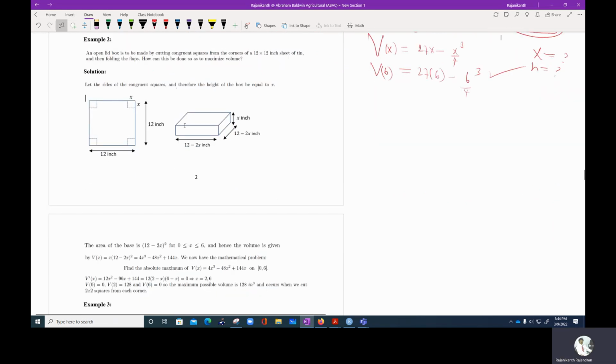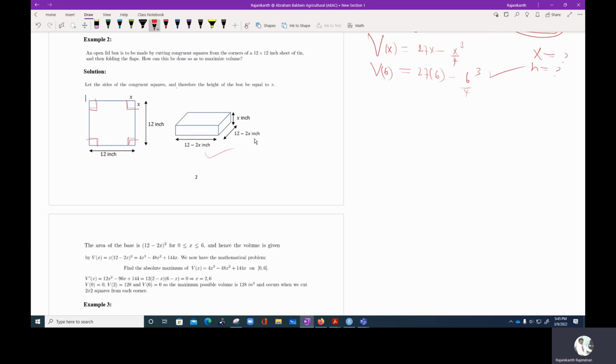Good. Now the second problem is also pretty much similar. The second problem is: there's an open lid box to be made by cutting congruent squares. You are making the open lid box by cutting and throwing away four square corners of equal length. So the box is here.